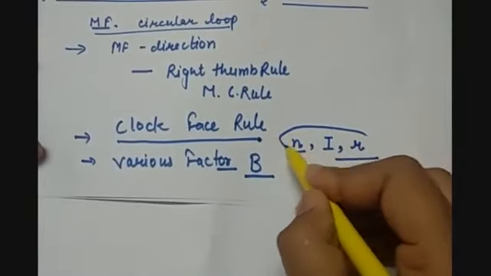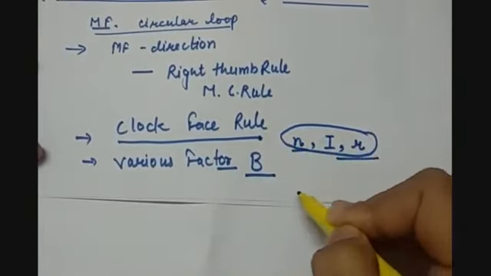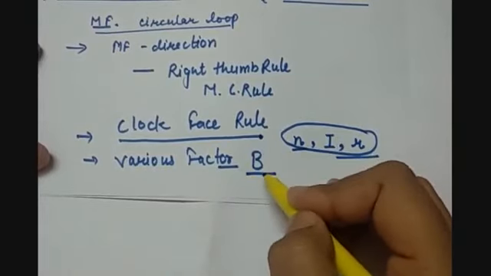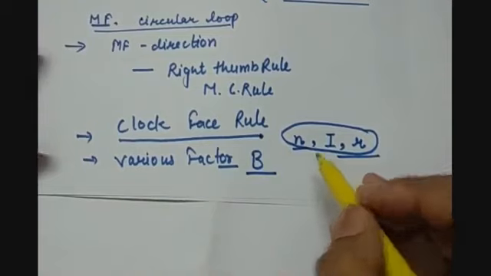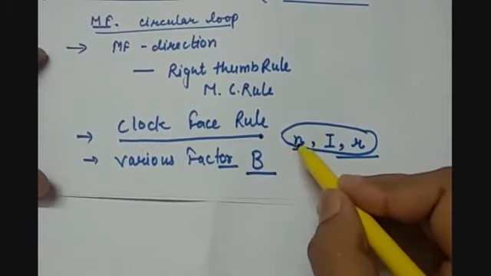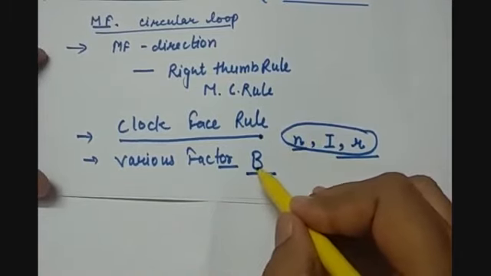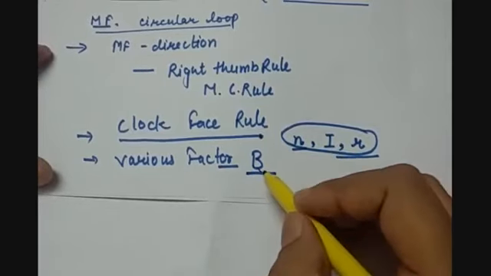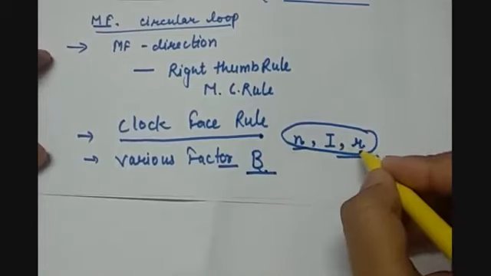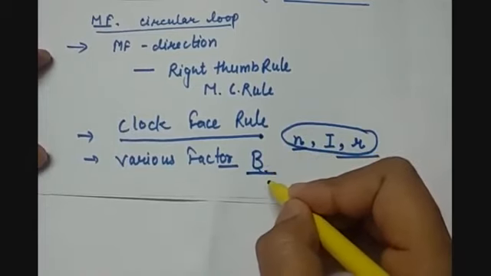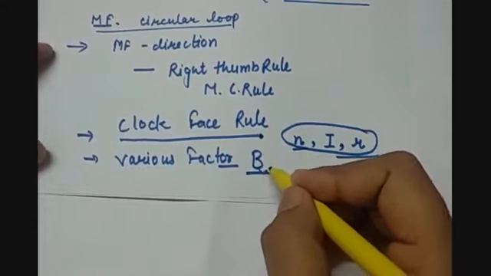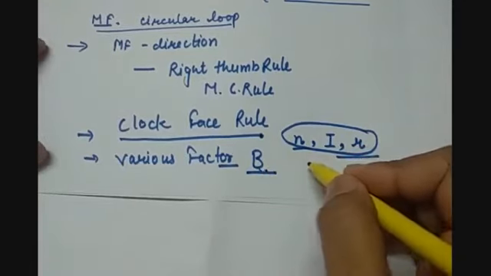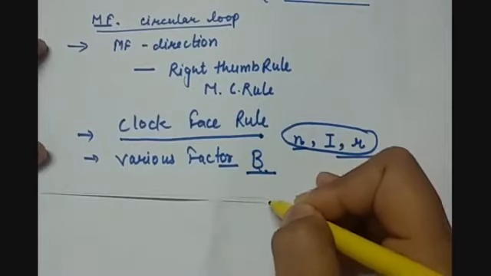These were the three factors that affect the magnetic field intensity. And we have seen the proportionality: the number of turns is directly proportional to the magnetic field strength, the current flowing in the conductor is also directly proportional to the magnetic field intensity, and the radius is inversely proportional to the magnetic field intensity. That means as we go away from the circular loop, the magnetic field intensity decreases.